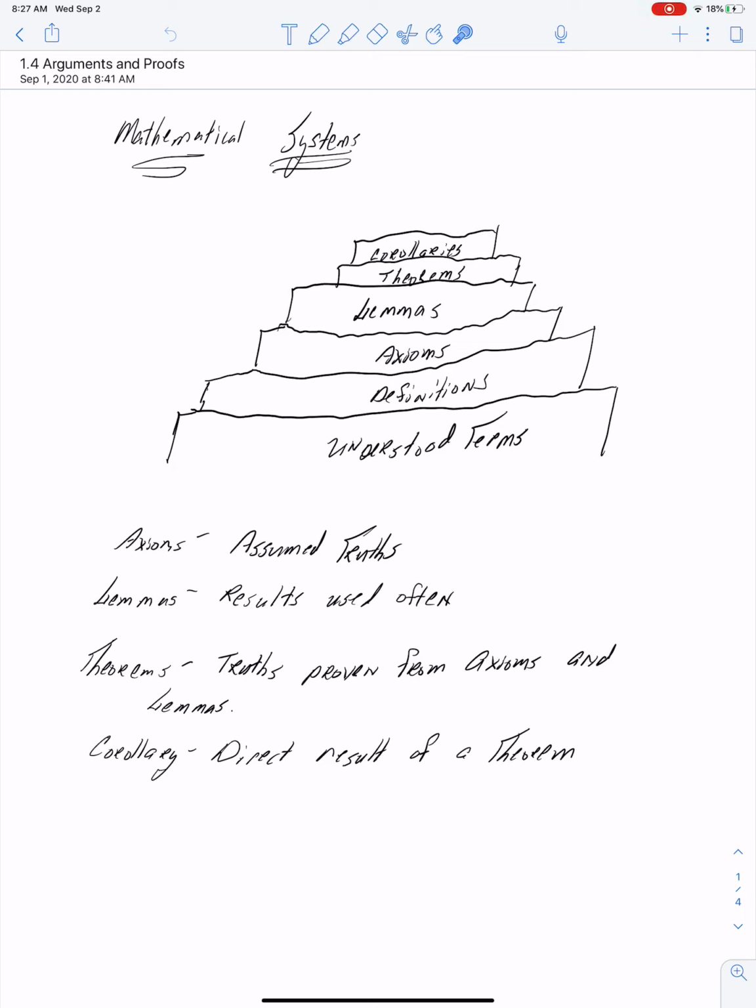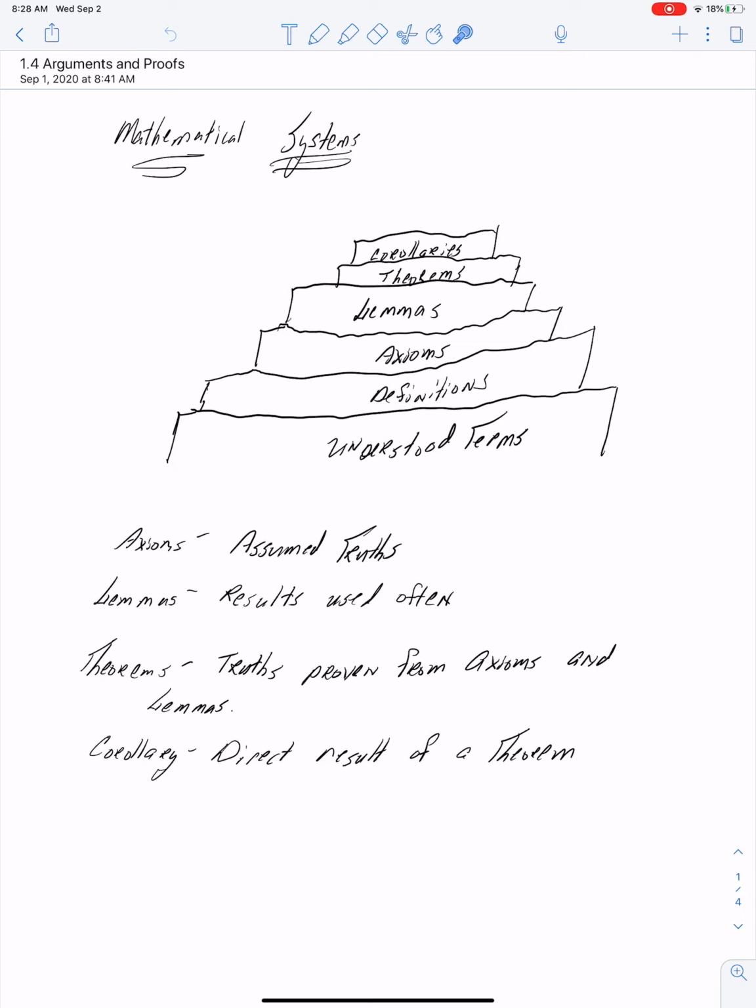So, what are understood terms? Well, suppose you read a sentence and there was a word that you didn't know, what would you do? Either Google it or go to a dictionary. The point is, look it up. And in the description, there's a word you don't understand.